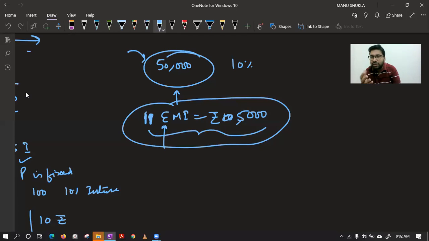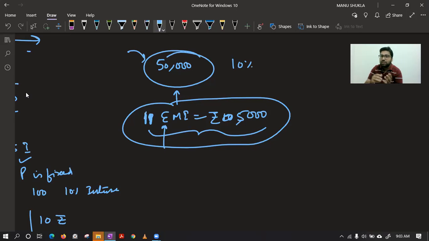Vardhan was asking, sir, if someone takes a loan, at that time also do we use compound interest? So I'm telling you yes, because you have to see what is happening. You have taken 50,000 rupees from the bank and you are giving an EMI. Suppose you got something like 40,000 rupees in the first month from someone and you deposit it in the bank.